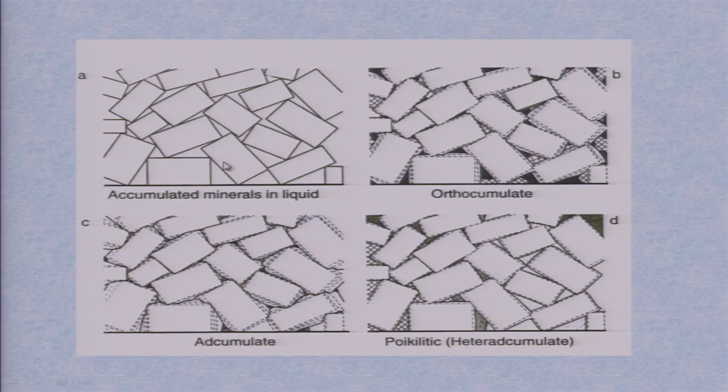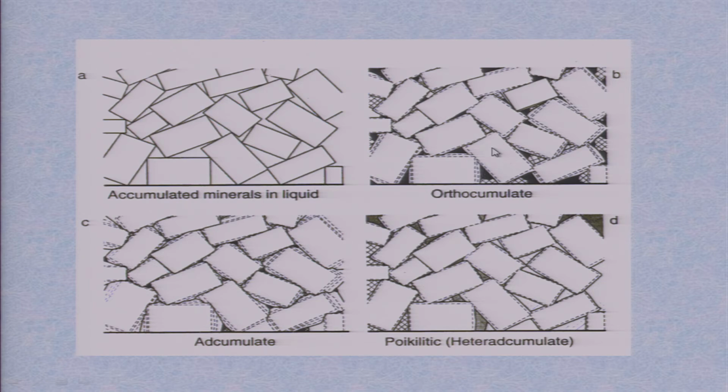Accumulated minerals in liquid. The minerals which are of heavier specific gravity sink down to the bottom of the magma chamber, and they are collected and deposited in the form of a cumulate here. This kind of texture is developed here. Here you have cumulates, but in between cumulates there are minerals of different composition, maybe plagioclase or maybe olivine, but this mineral is pyroxene.